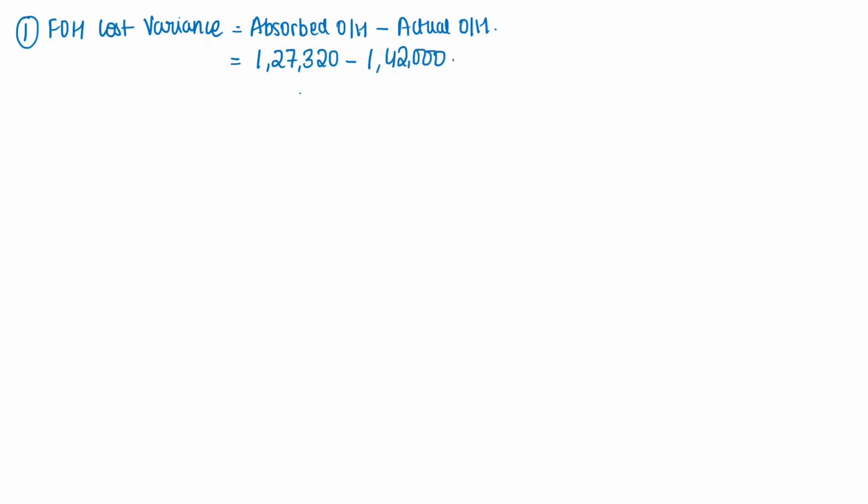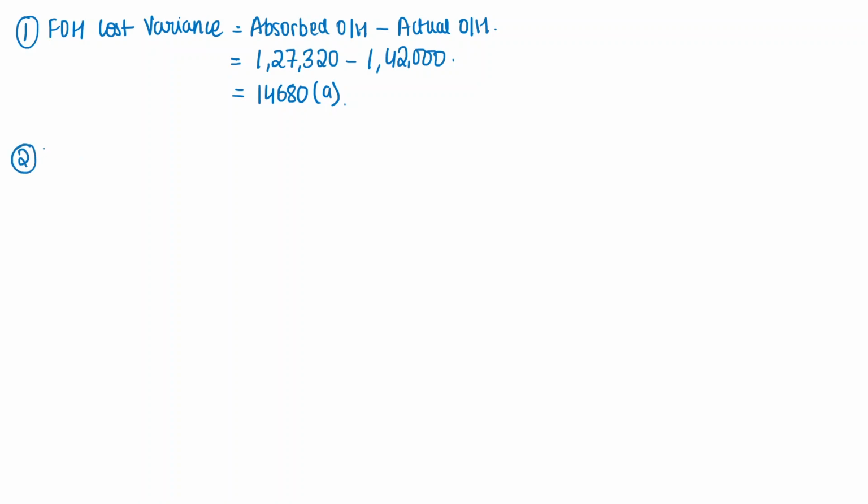I have spent 1,42,000. Good or bad for me? Bad. So that is why absorbed first and actual later. I have a negative variance. How much is it? 14,680 adverse.